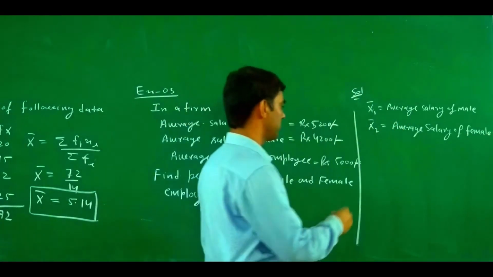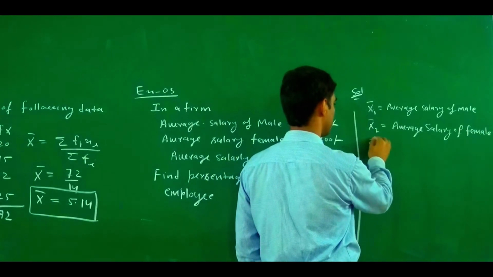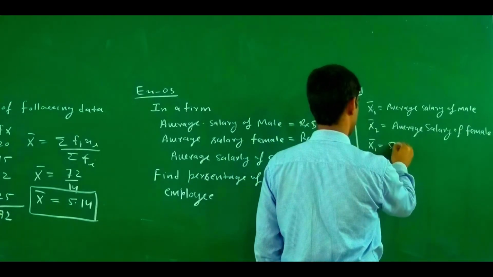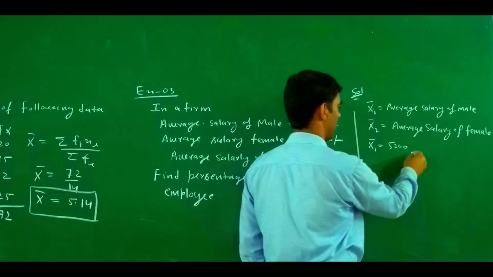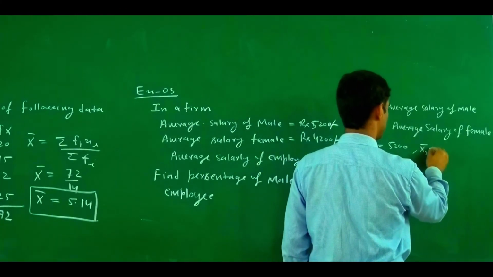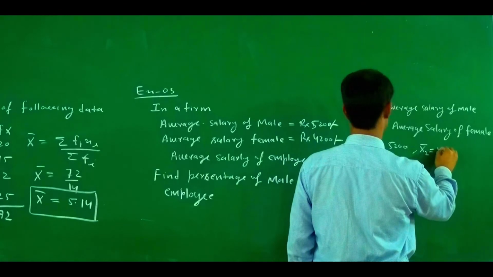Now, what are the values? x1 bar is given as 5200, and x2 bar equals 4200.